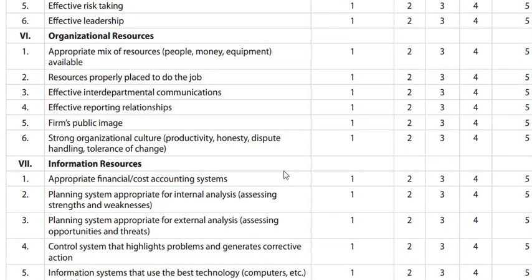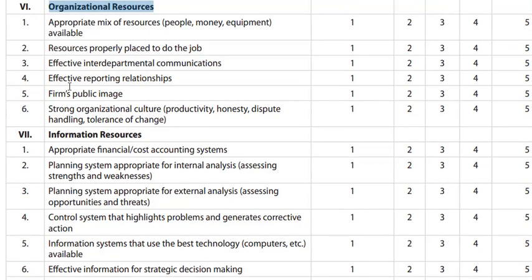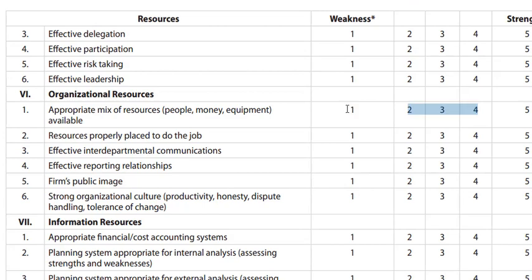Our sixth point in the list is organizational resources, and we will talk about the quality and efficiencies of those resources. These resources include people, equipment, money, or 3M: man, material, and machine. Is an appropriate mix of resources carried out or not? One means that it's not carried out properly, and five means that it's carried out properly.